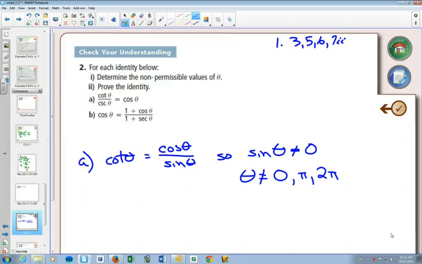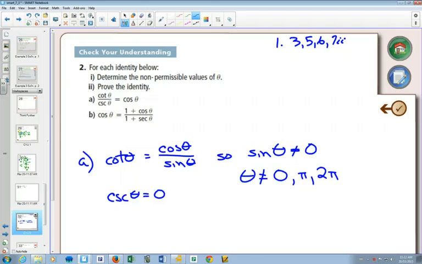Okay, we're going to solve between 0 and 2 pi first, and then go from there. I'm dividing by cosecant here, so it would also be bad if cosecant of theta were equal to 0.